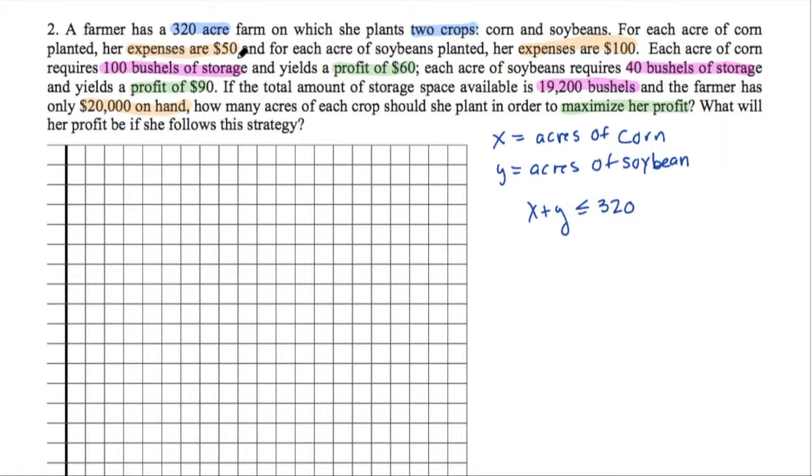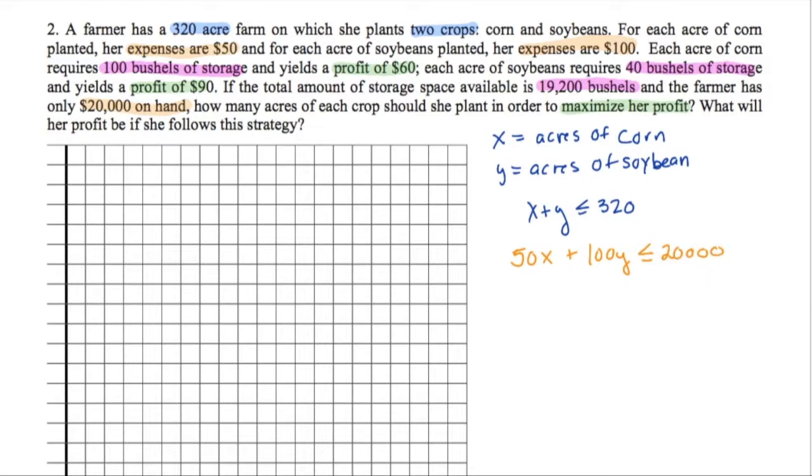So let's now look at the information that we found from the orange statements. Expenses, $50 for the corn, $100 for the soybean, $20,000 on hand. So 50X and 100Y. That's how much it's going to cost her to plant the corn and soybeans. She can't spend more than the $20,000 she has, so that must be less than or equal to $20,000.